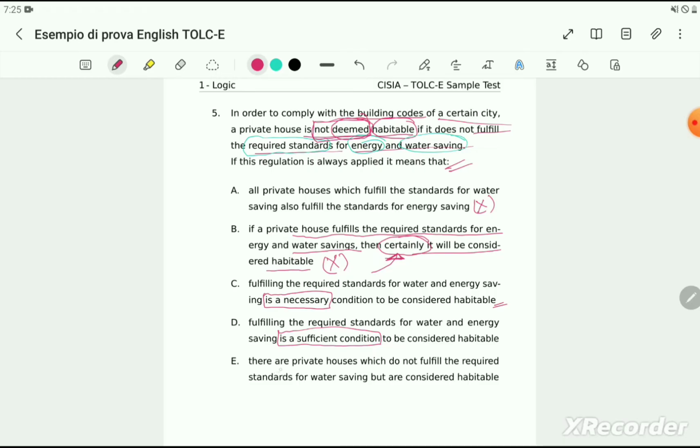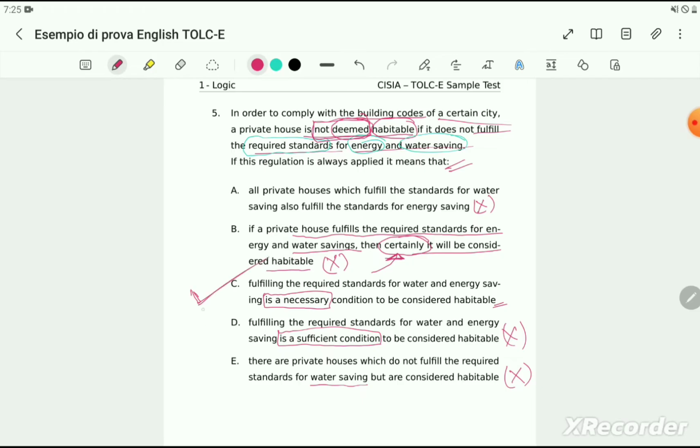No. There might be others too that we don't know. There are private houses which do not fulfill the required standards for water saving but are considered habitable. No. Of course, these two terms, water and energy, need to be fulfilled. So this is my answer, number C.